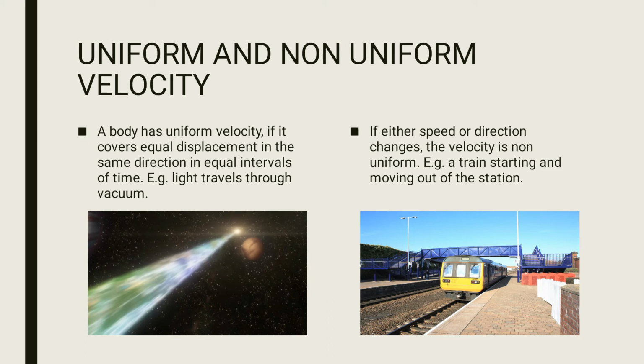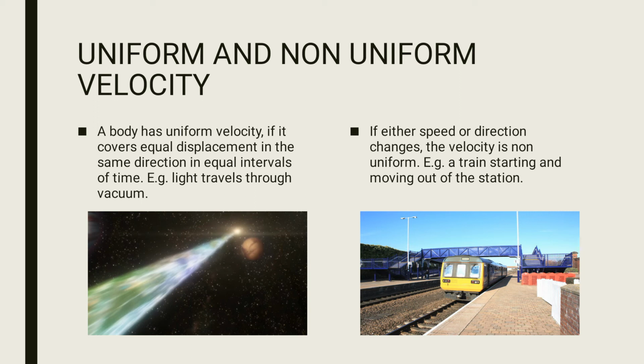So, for uniform velocity, if a body covers equal displacement in same direction in equal interval of time, we have to consider both displacement as well as direction with respect to time. The example of uniform velocity is light travel through vacuum. The light travels same displacement in each time interval and also it travels in same direction in space.